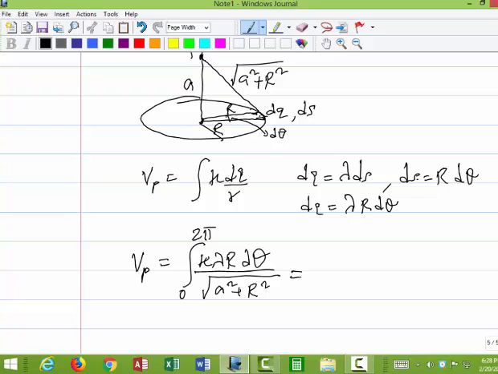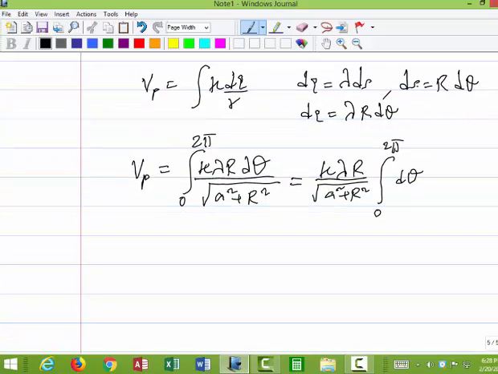Notice that we are integrating over theta, so none of those things under the integral sign is a variable, so we can take them out. So we take K lambda R over the square root of A squared plus R squared, and then integrate from 0 to 2 pi d theta. See if you can finish this integral.